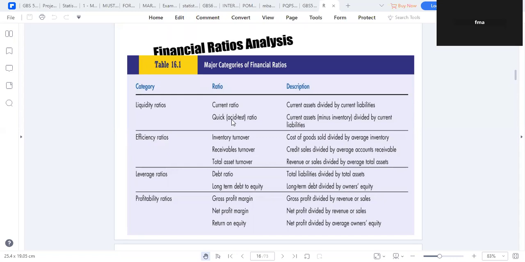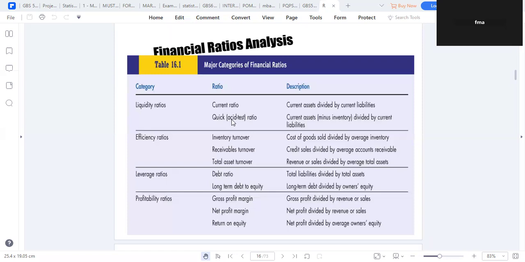So I'm trying to take you through all this so that you are able to appreciate the interpretation, because you need to understand this for you to interpret. All right, so these are our ratios that we're looking at.